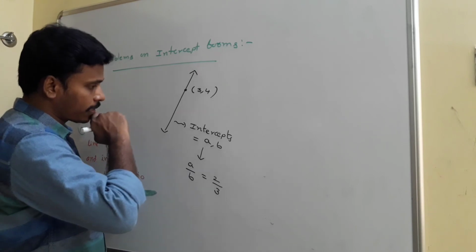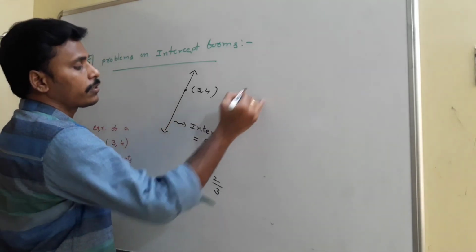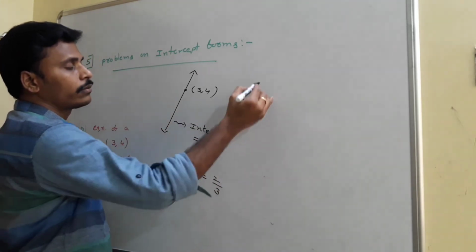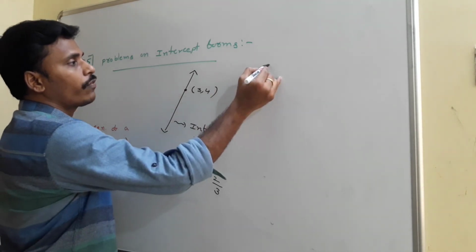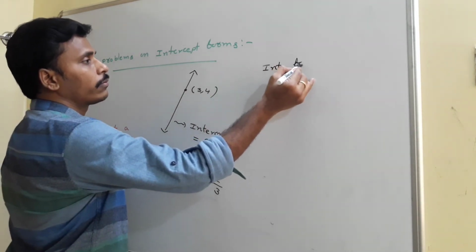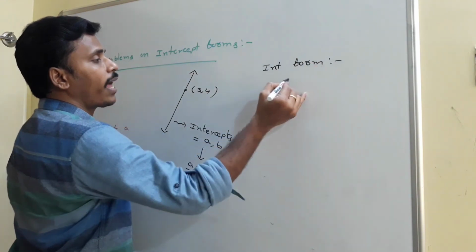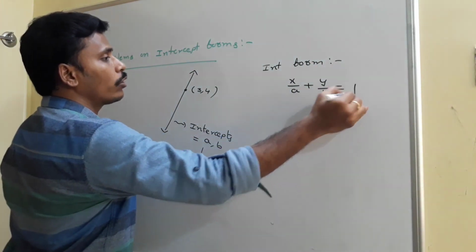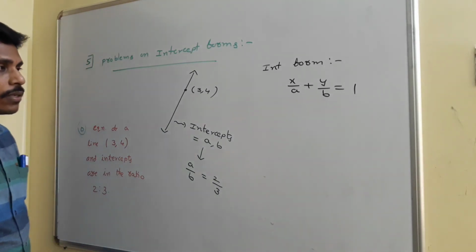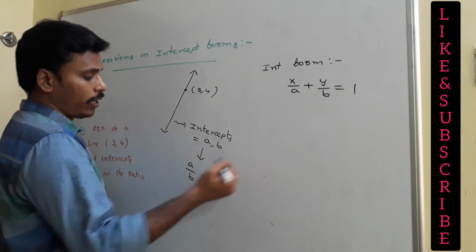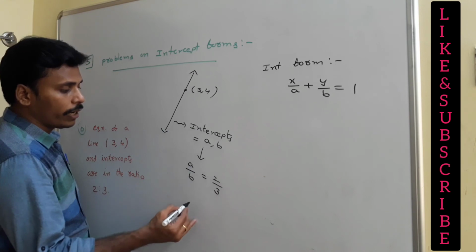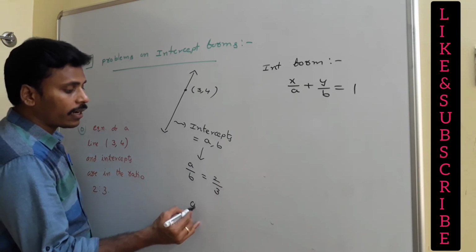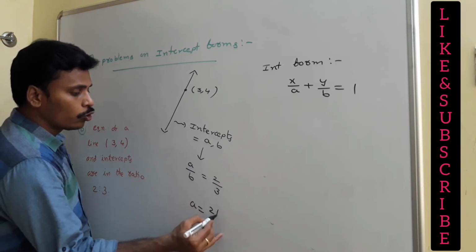Just have a look at this. What I am going to tell you is, intercepts are given, right? The point is given. Start with intercept form. The intercept form of a line is x by a plus y by b is equals to 1. Since a by b is equals to 2/3, I may rewrite it as a is equals to 2b/3.